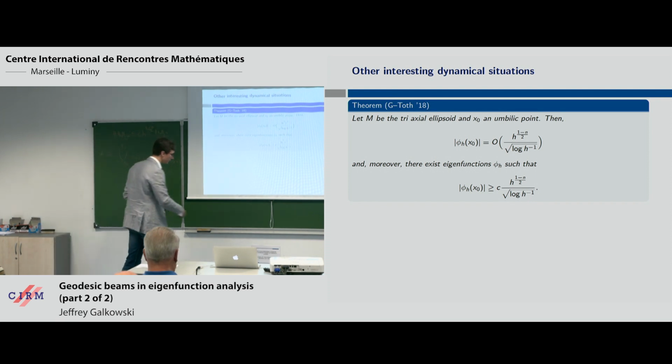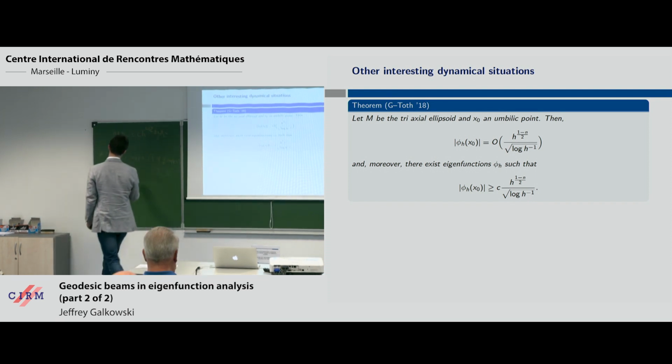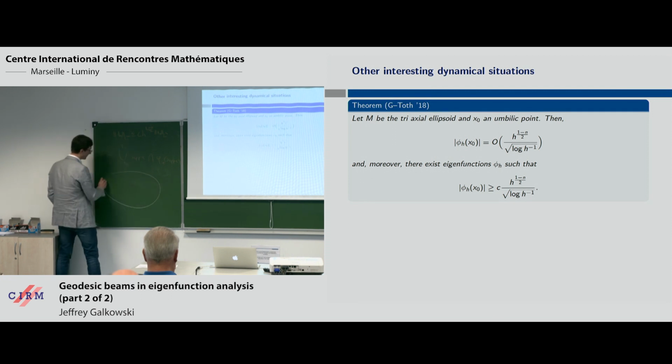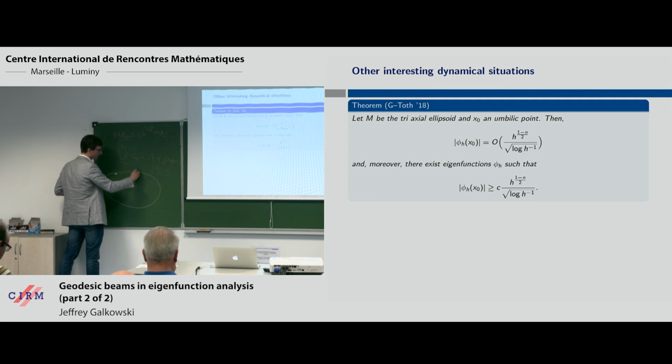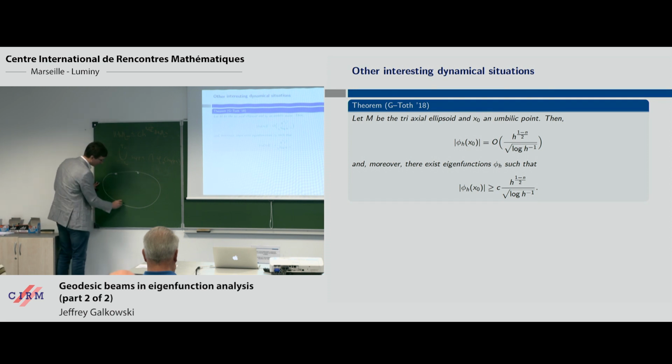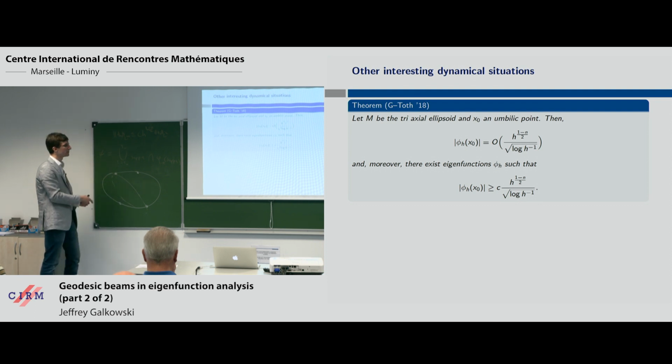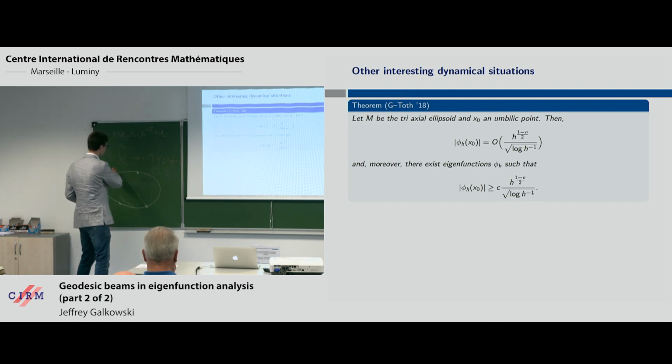So I remind you, I'm just talking about the ellipsoid where there isn't any rotational symmetry, and there are some special points called umbilic points, and they have a nice dynamical property, which is that every geodesic going from here comes back to the same point at the same time. So every geodesic does like this, right? It's not closed, right? There are only 2 that are closed, but every one comes back at the same time.